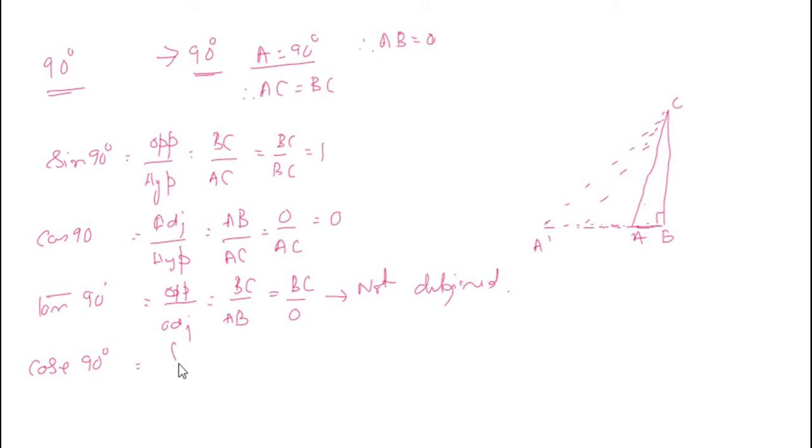Cosec 90 we can take as 1 by sin 90 equal to 1 by 1 equal to 1. Secant 90 is equal to 1 by cos 90 is equal to 1 by 0. This is again not defined.